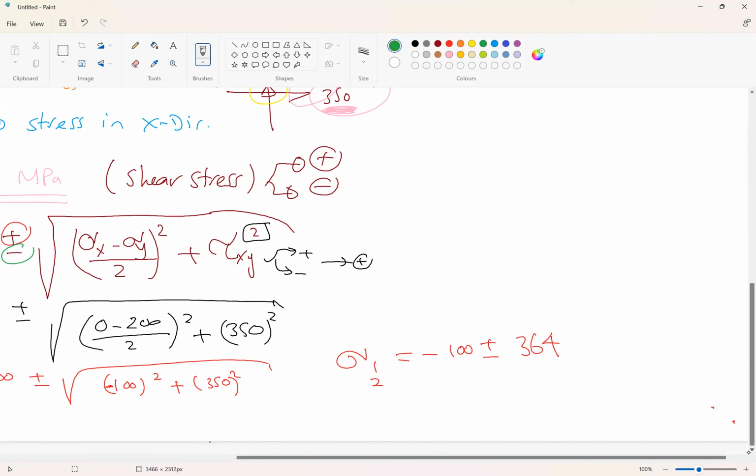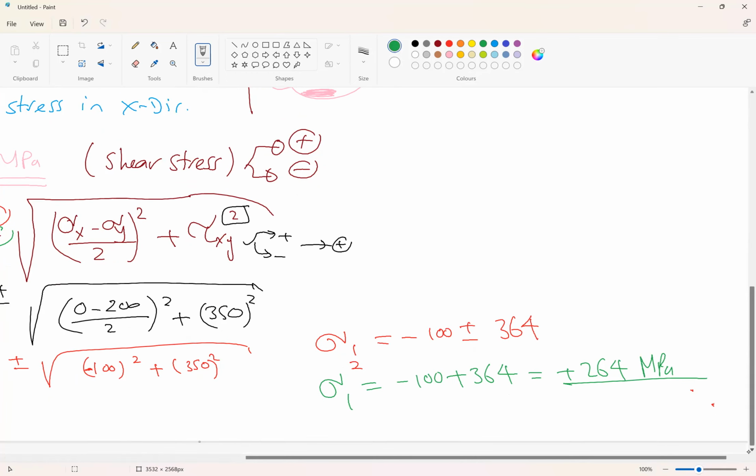Now we have sigma 1 equal to negative 100 plus 364, so it will be positive 264 MPa, and we will have sigma 2 equal to negative 100 minus 364, so it will be negative 464 MPa.